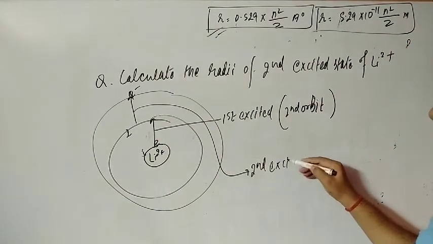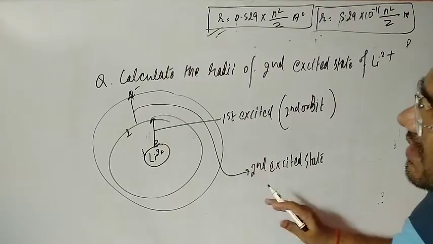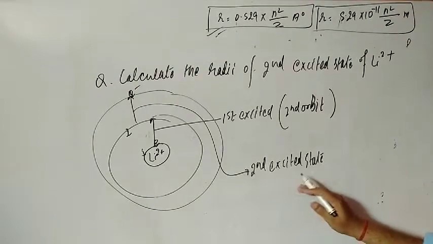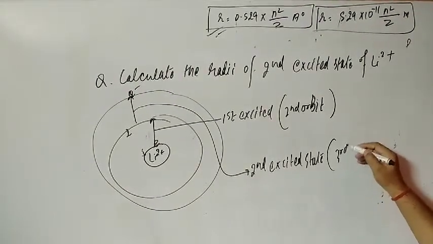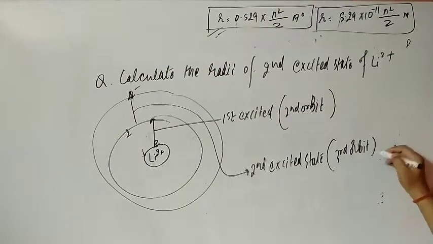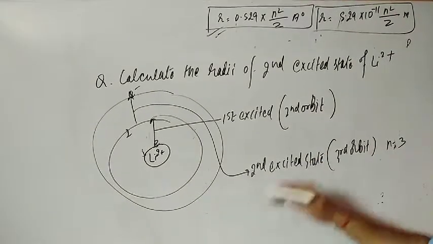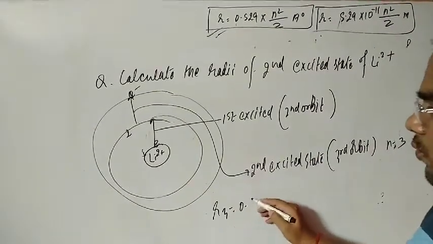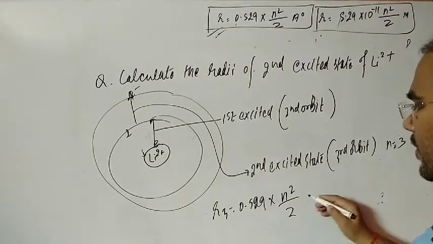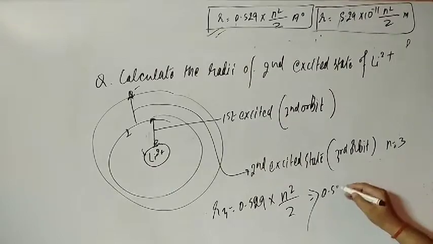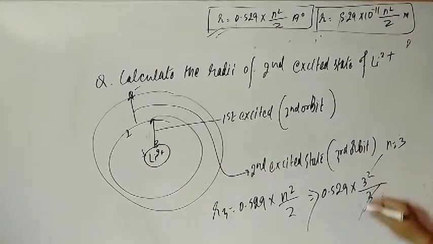The second excited state means the third orbit, and the third orbit means n is equal to 3. So dear student, let us try to solve it out. R3 is equal to 0.529 into n square upon Z, so 0.529 into 3 square upon Z. The Z value is 3, this cancels out.